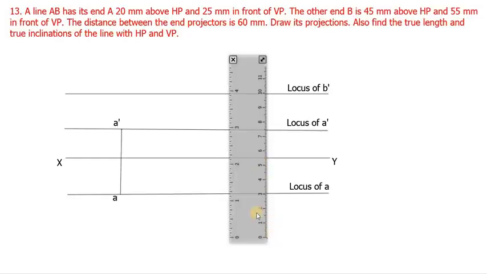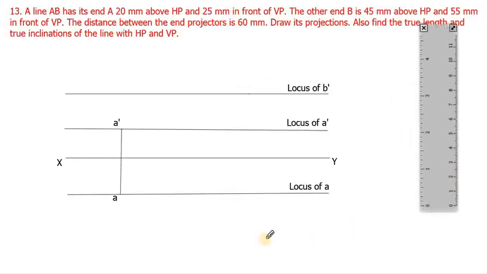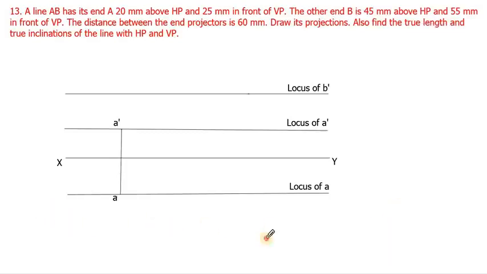So from XY, 55 mm distance. This is the locus of B. So draw a straight line crossing this point to form the locus of B. So that's all, we have drawn all the locus lines. Make sure that all the locus lines and the XY reference line are parallel to each other. Better to use a mini drafter to draw these parallel lines.